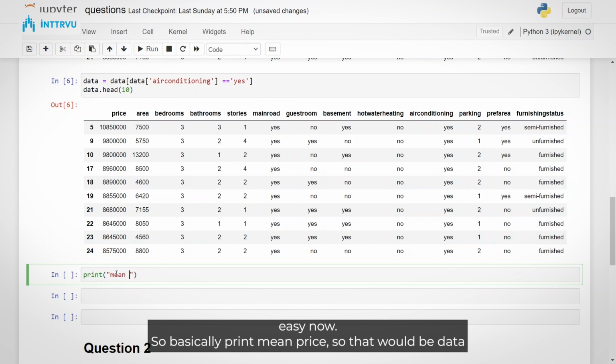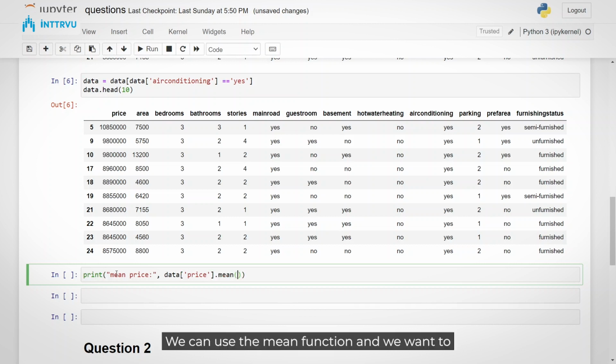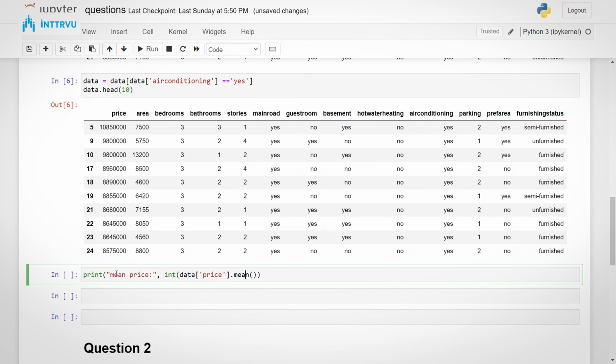So basically print mean price. That would be data price dot mean. We can use the mean function, and we want to print it in integer format, so I will just write int over here. Now let's run this.